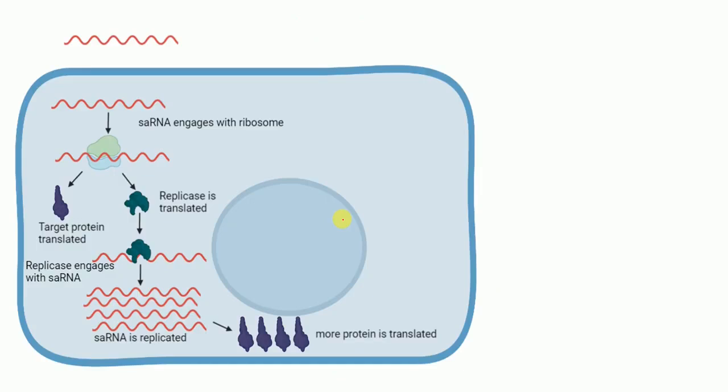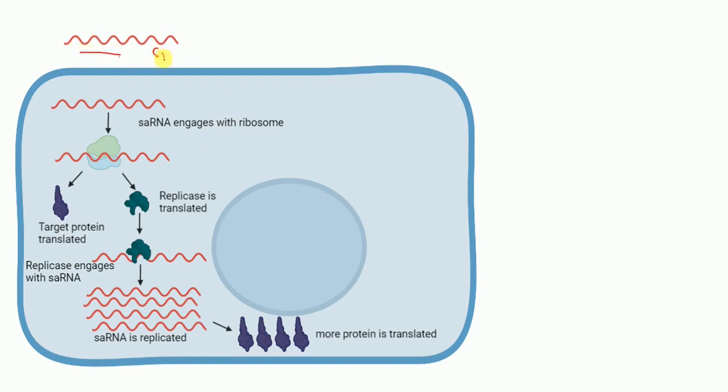So how does this self-replicating or self-amplifying RNA replicate our gene of interest and produce more protein? Here is our self-replicating RNA.